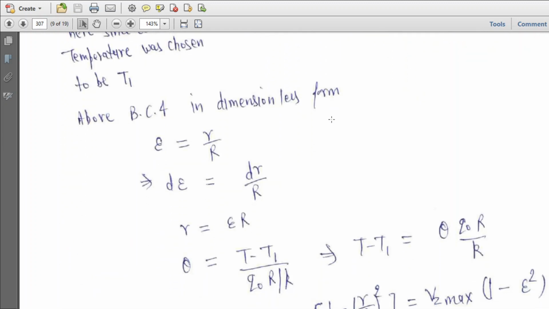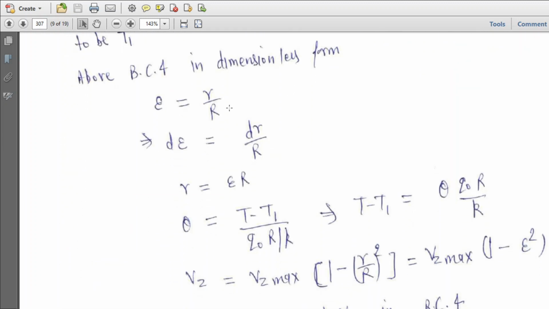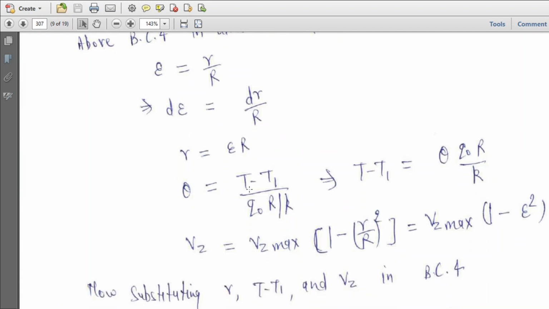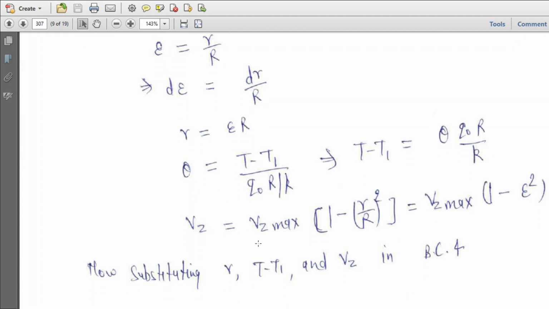So our boundary condition in dimensionless form, we can put dimensionless parameters now. Epsilon is r upon R, and you have the expression of d epsilon. Theta is (T minus T1) upon q naught R upon k, so T minus T1 is equal to theta q naught R upon k. Then Vz equals Vz max (1 minus r square upon R square), so Vz equals Vz max (1 minus epsilon square).